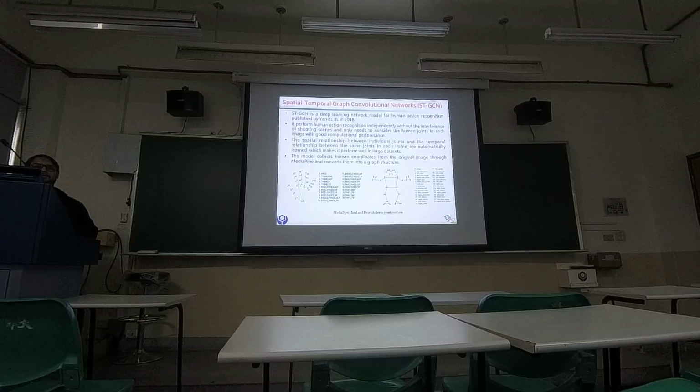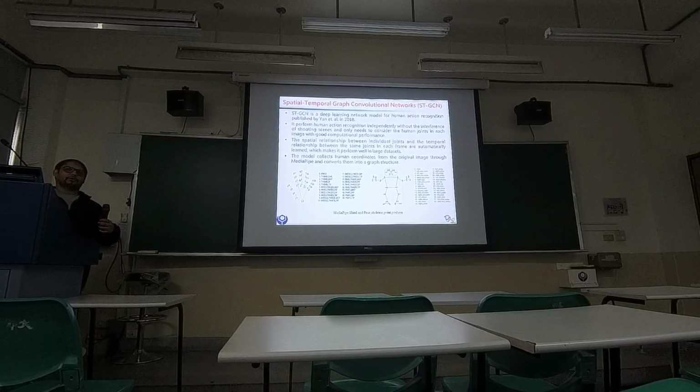The model collects coordinates from the original image through MediaPipe and converts them into a graph structure. What does the STGCN actually do? They use MediaPipe. MediaPipe means you make the human body a skeleton.